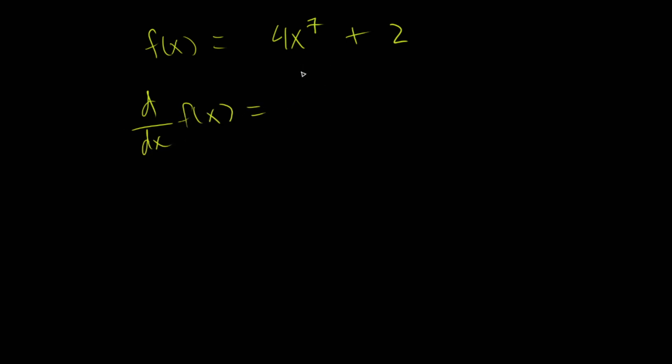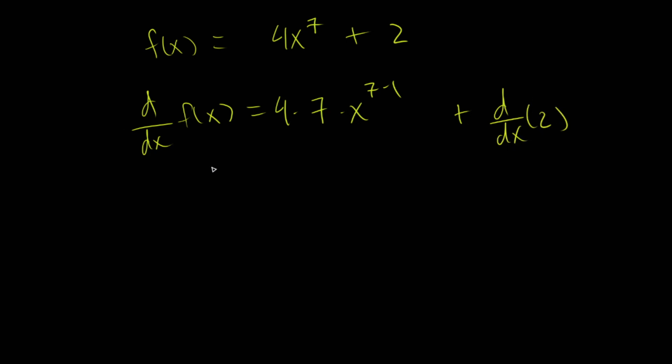Now let's try something a little bit different. Let's say I had the function f at x equals 4x to the 7 plus 2. What happens here? Well, we would say the derivative in terms of x of f at x would equal, we would bring the power out here, right? So it'll be 4 times 7 times x to the 7 minus 1. And then we could say plus the derivative of 2.